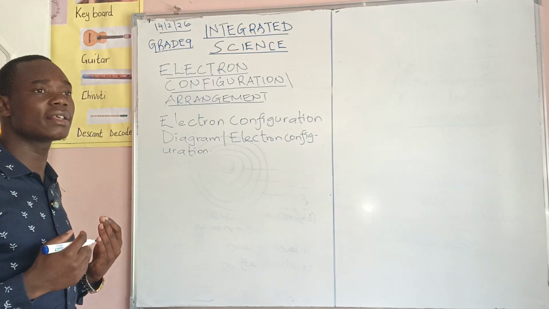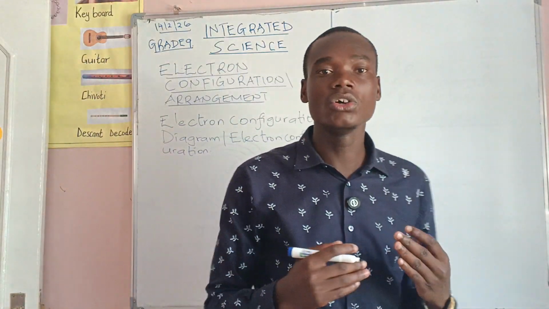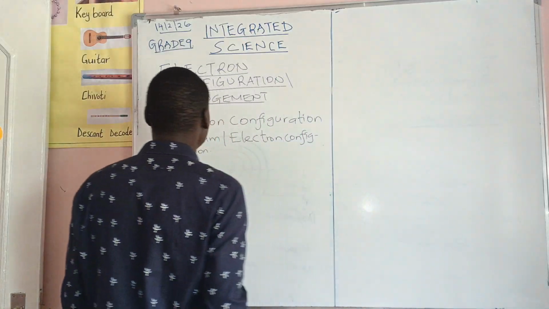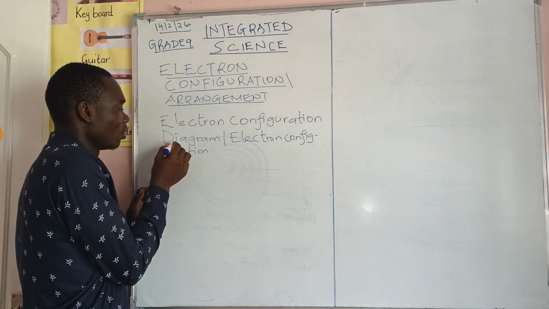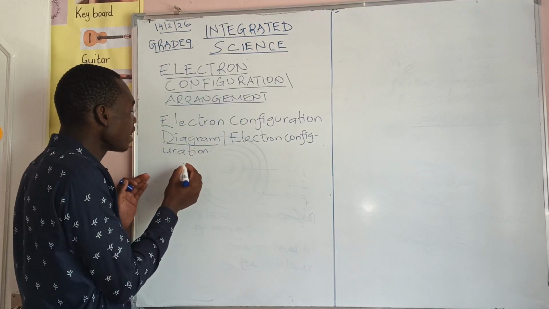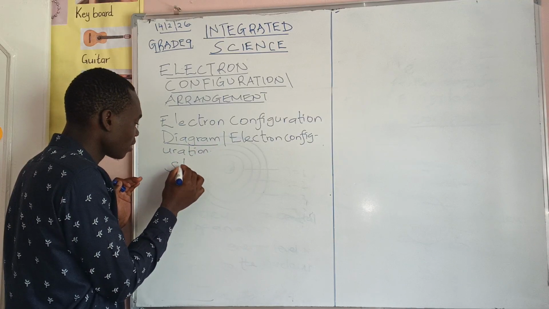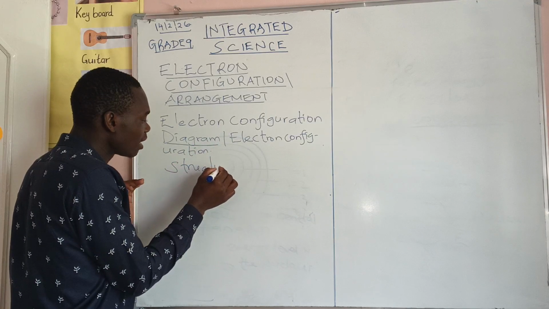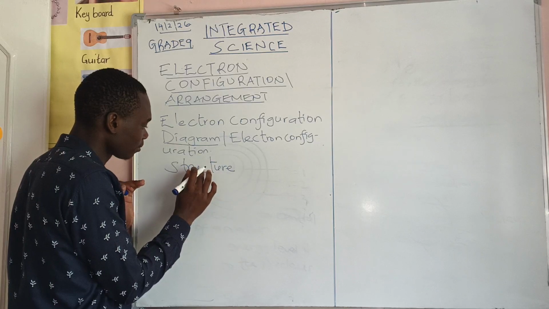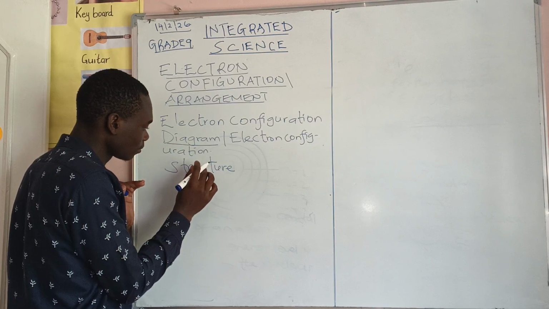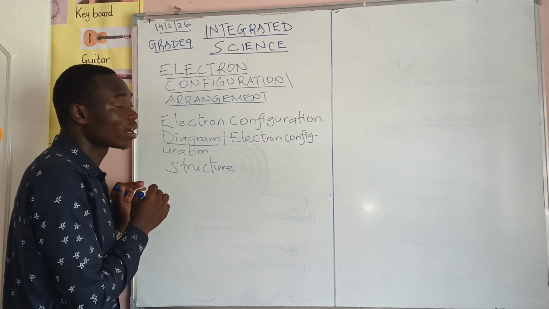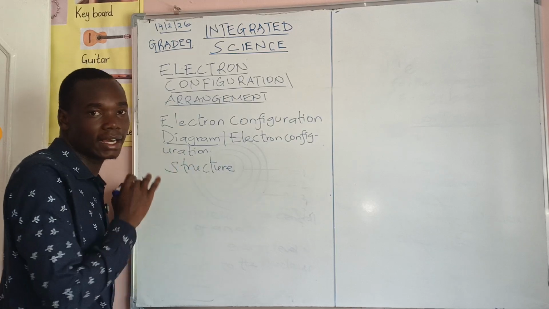Now, in any case in an examination, if you are asked to draw or rather show the structure, they can use the word structure or rather they use the word diagram.